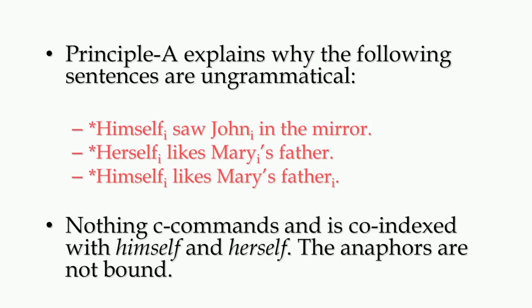So, nothing c-commands and is co-indexed with himself and herself; the anaphors are not bound. So, all we are saying to explain the ungrammaticality of the 3 sentences on the screen is that in these cases anaphors are not bound because they are not meeting the requirement of being c-commanded by their antecedents. Therefore, these sentences are ungrammatical.